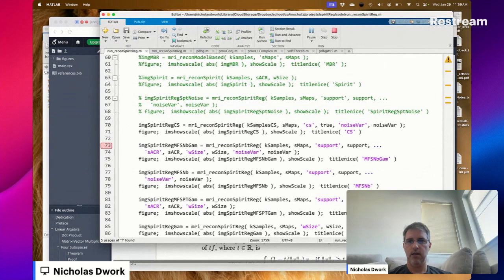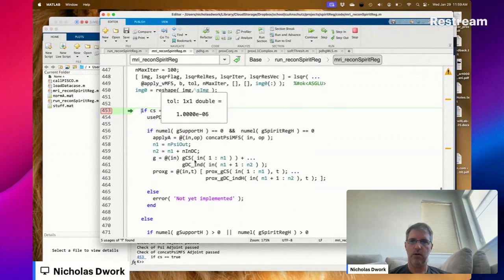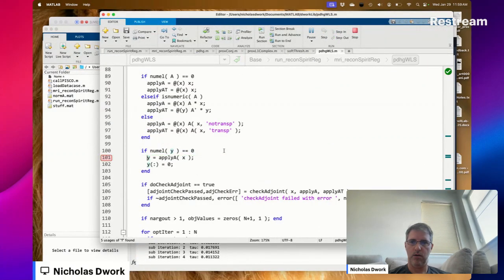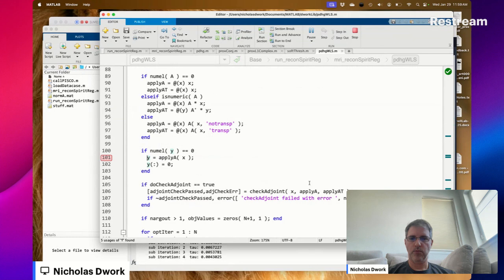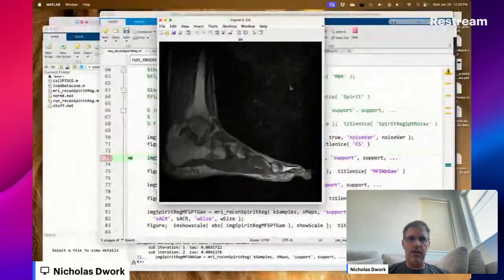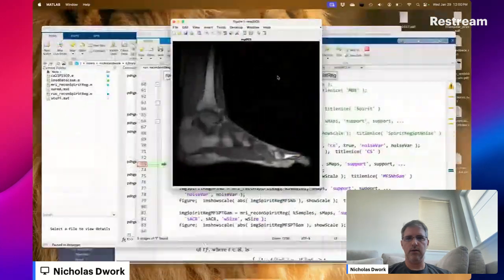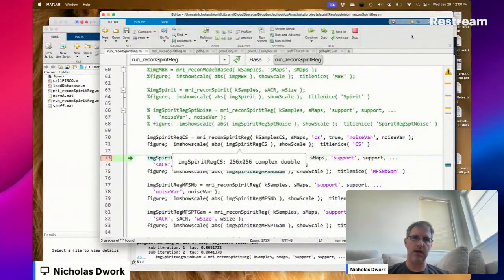Okay. I don't think this is going to work because, I mean, you never know. I didn't think it was going to work because we haven't changed when soft thresholding applies.